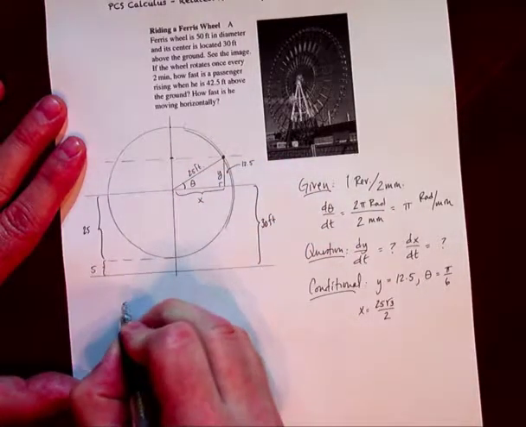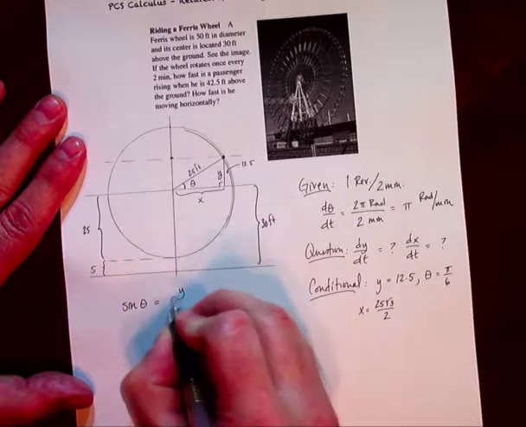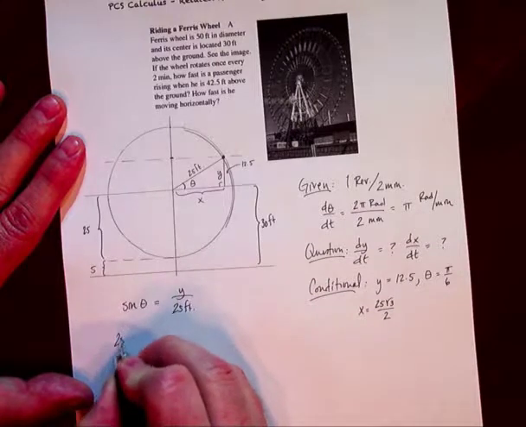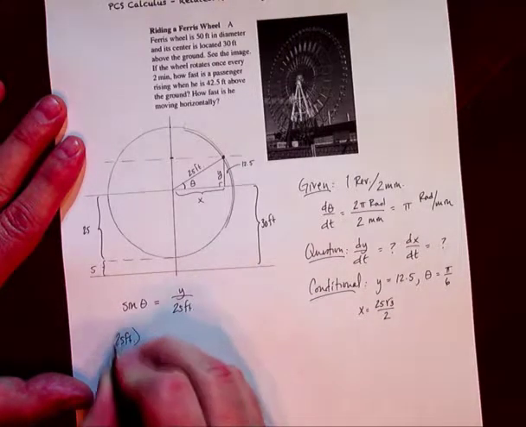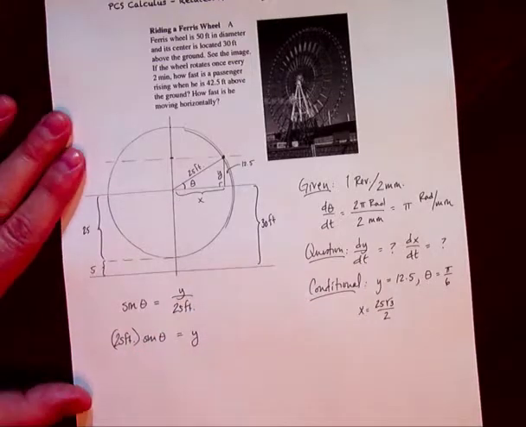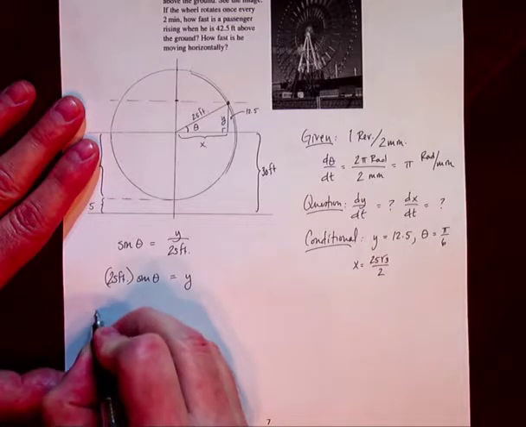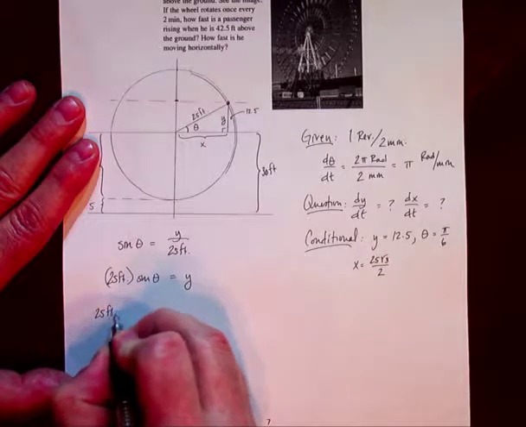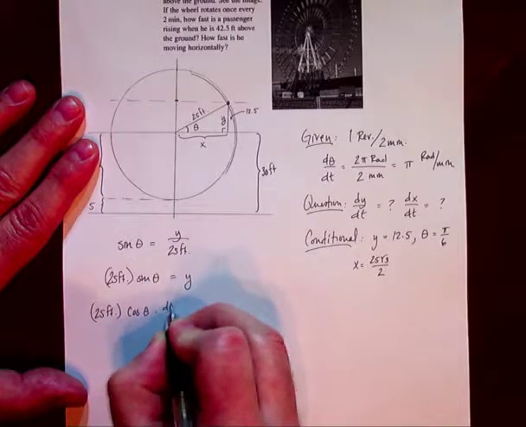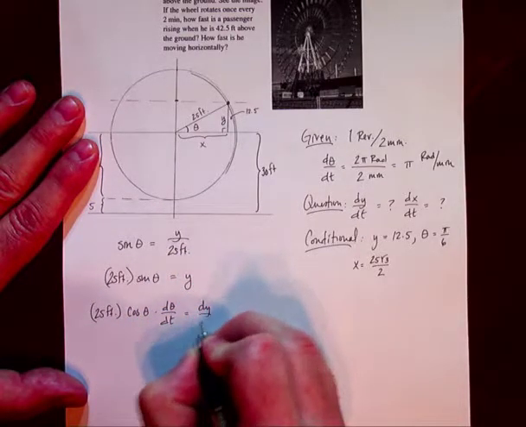So let's do sine of theta is equal to y over 25 feet, right? And therefore 25 feet times sine theta is equal to y gives us a nice equation where we can now differentiate. So 25 feet times cosine of theta d theta dt is equal to dy dt.